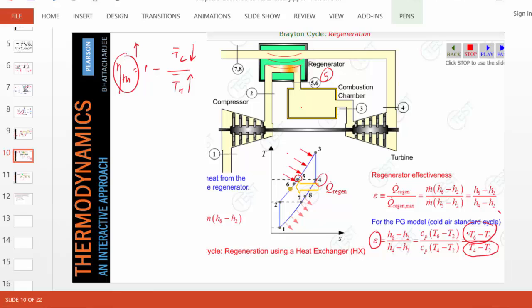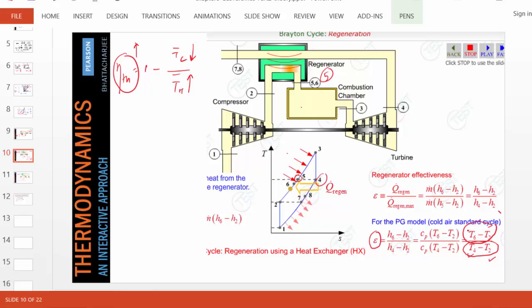In an analysis, probably we'll know T1 is given. We can find T2 isentropically. T3 is probably given. So therefore, isentropically, we can find T4. And if we know T4 and T2, we can find T6 from epsilon. Again, it will become clear when we solve the problem.